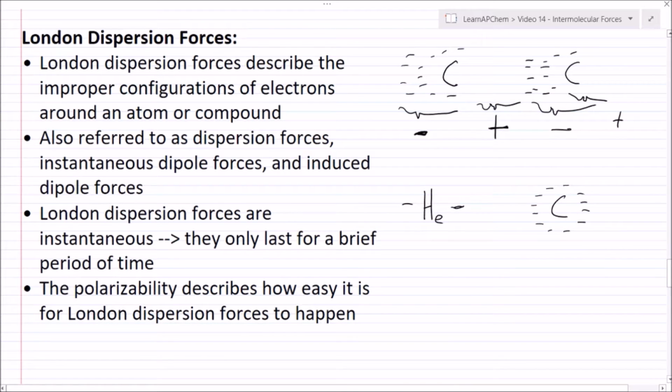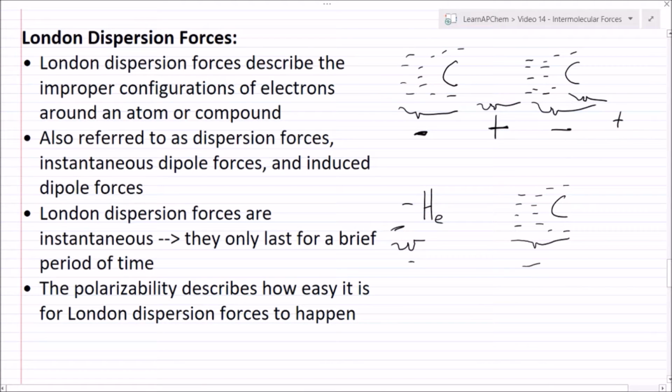Well, carbon will. If helium forms sort of this instantaneous dipole, this is only going to be sort of negative. Well, if carbon did it, it would be sort of much more negative. And so this is the concept of polarizability.